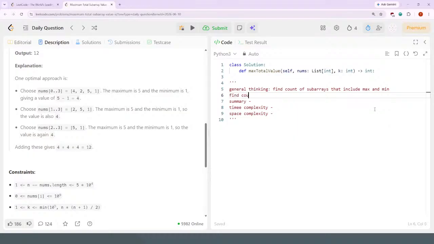And then find the count of all subarrays that include either one less than that, like max minus 1 and min, or max and min plus 1, something like that, where we're talking about orders rather than actual numbers.